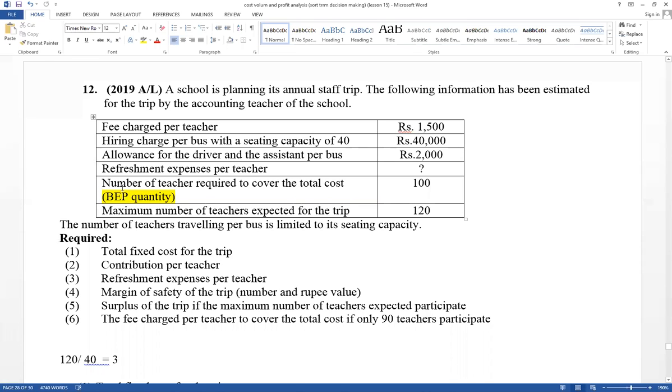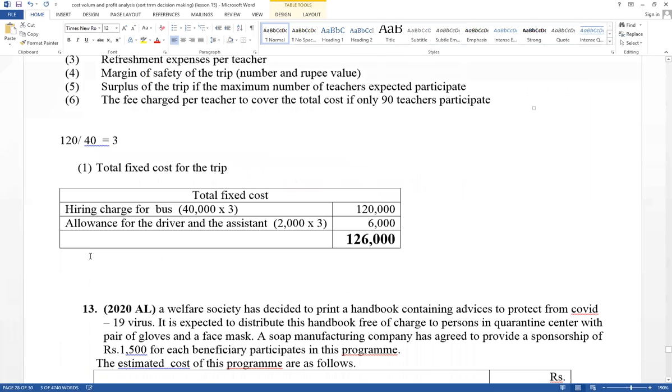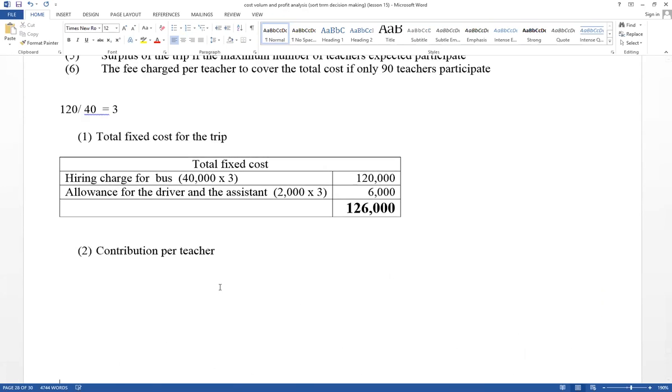But given the break-even point quantity, and the total fixed cost we also know, by using the break-even point equation, contribution per teacher can be calculated. Therefore, the second requirement cannot be calculated now by selling price minus variable cost, but can be calculated using the break-even point equation.